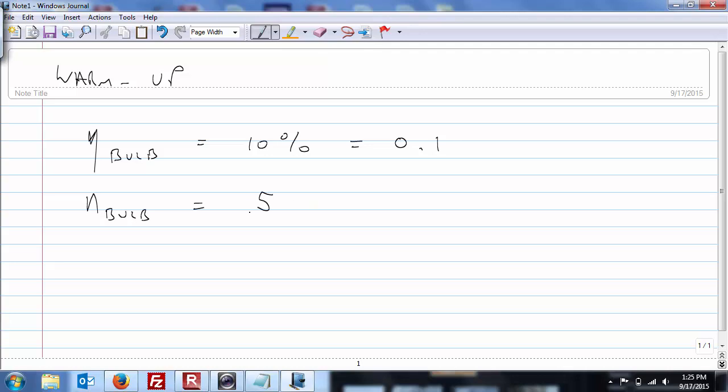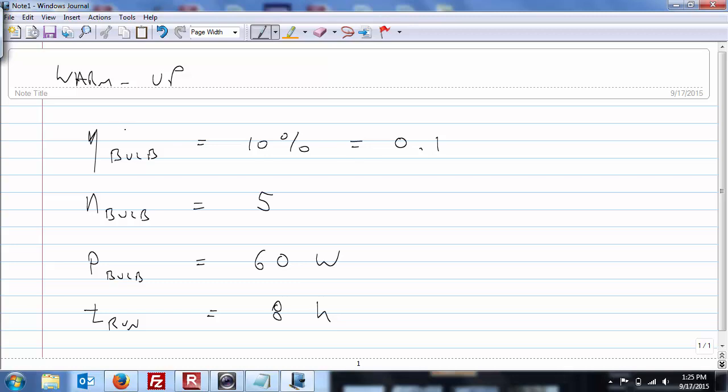Each one is 60 watts. And we run them for 8 hours a day. I'm not going to worry about question number 2 yet, to start with.